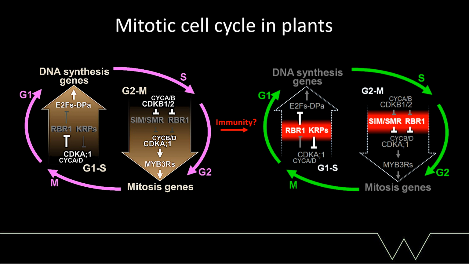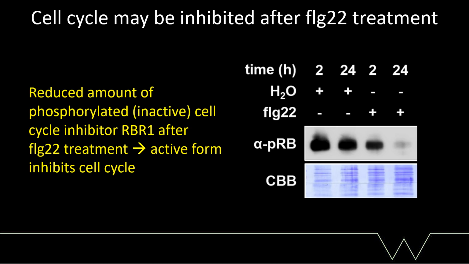They're positively regulated by cyclin-dependent kinases in complex with cyclins, and inhibited by inhibitors of cell cycle genes. So this is the active state of the cell cycle. If we have an inactive or inhibited cell cycle, you see that the RBR1, KRPs, SIM and SIMR proteins are key inhibitors of the cell cycle.